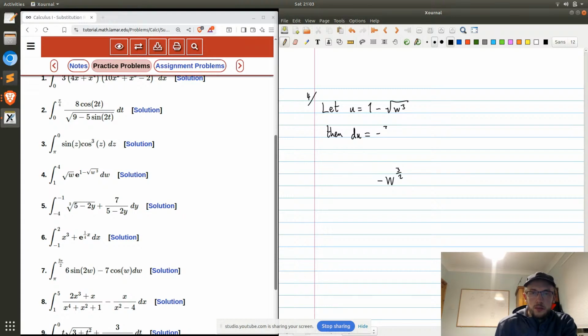So we get this just there like that. And dw, but we want it as root w dw. So multiply both sides by negative 2/3. Just there like that.